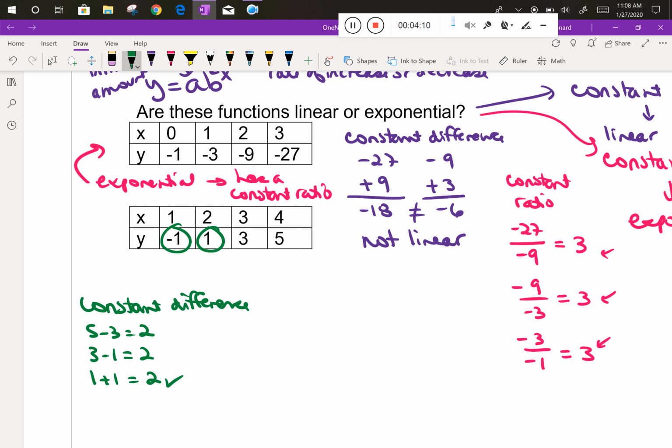We have a constant difference. I don't need to check a constant ratio because I already found something that works. So I can say that this relationship is linear because when a set of data has a constant difference, that's the evidence that it's a linear relationship.